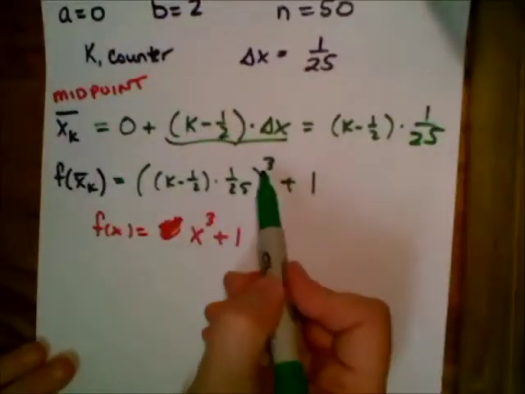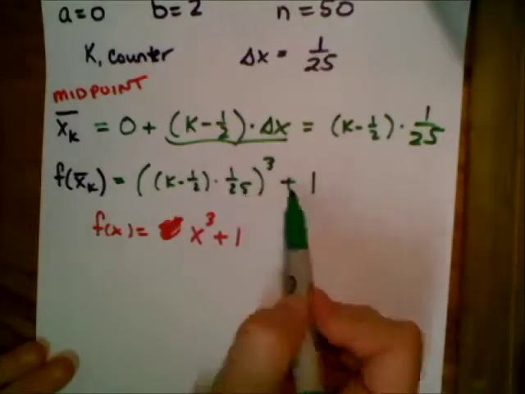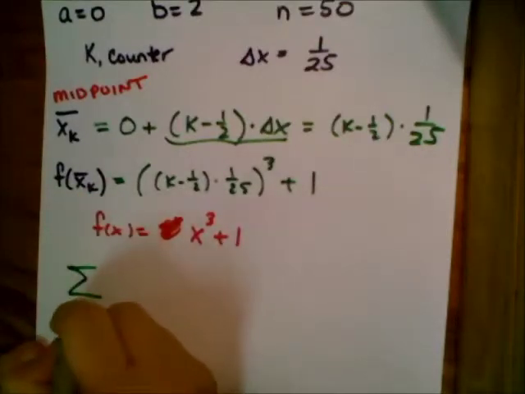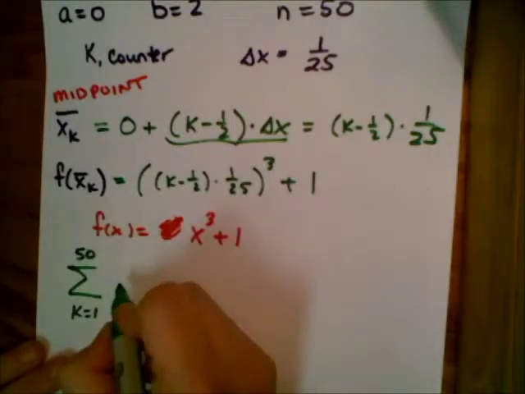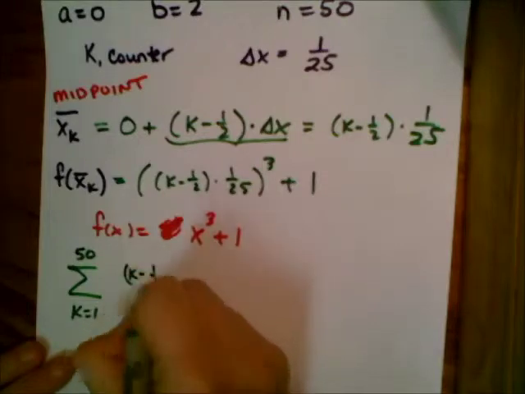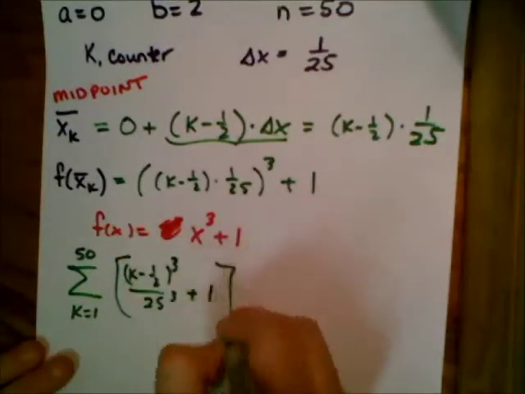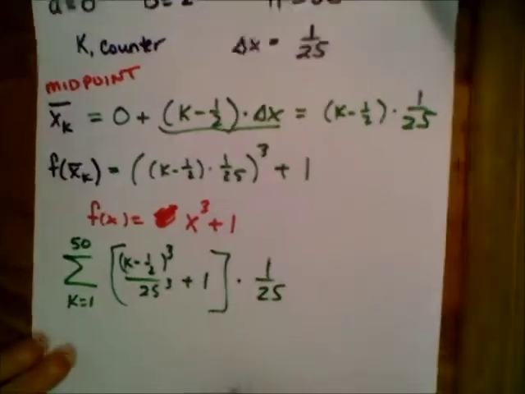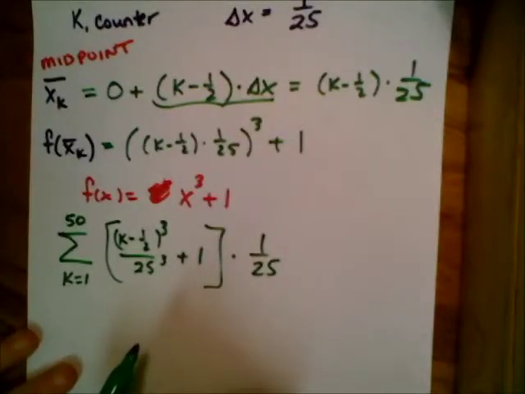And like before, we'll get the difference cubed over 25 cubed plus 1 as the height of the rectangle. And for the final step, now we add up the 50 terms. We take the height of the rectangle, the difference cubed over 25 cubed plus 1. That's our height. And we take it times the width, which is up here as delta x. That is our midpoint Riemann sum.